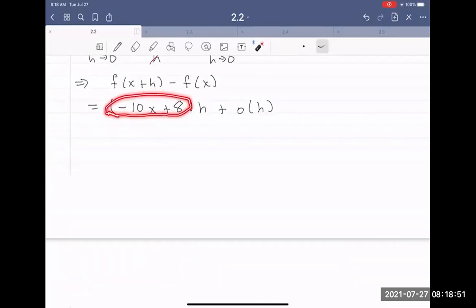Some function of x, no h's, times h, plus my little o of h. Therefore, this is my derivative. I found, so this is, well, maybe I should write in red.